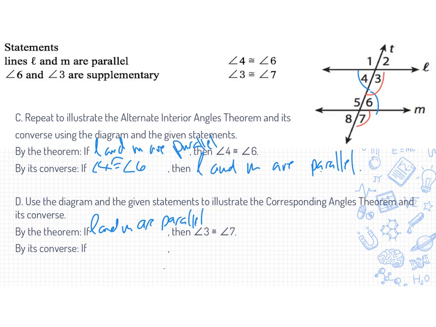Then the converse of that is: if angle 3 is congruent to angle 7, then L and M are parallel. So same idea, if we can prove that two angles that are in the position of corresponding are congruent, then that forces those lines to be parallel.